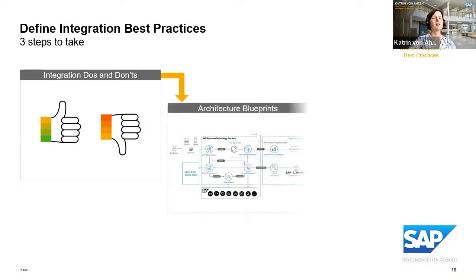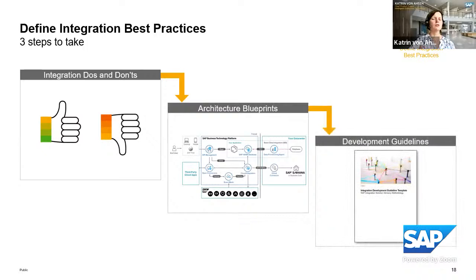The second step is to create architecture blueprints. These describe the use of different integration technologies in orchestration and how these integrate and exchange data with business applications. And the third step is to come up with detailed and tailored development guidelines.